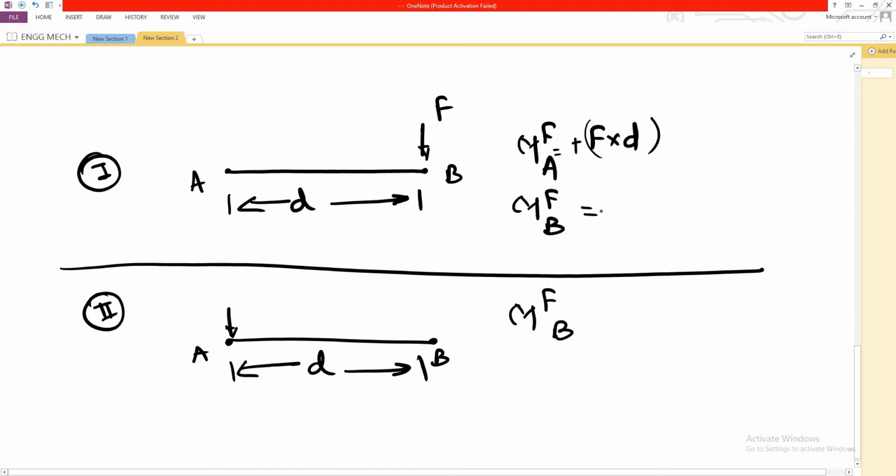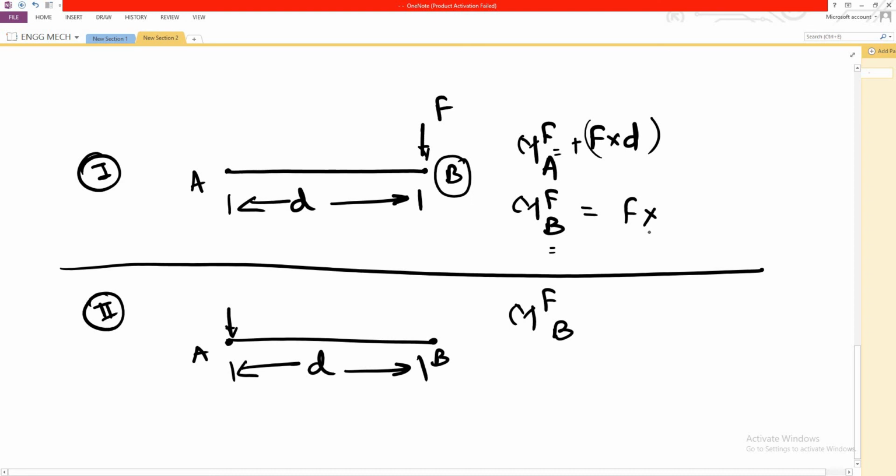But when we ask what is the value of moment with respect to point B, here the definition of moment comes in: it is the product of force and perpendicular distance with respect to some reference point. Since the force is acting on point B itself, there is no perpendicular distance between point B and the force.